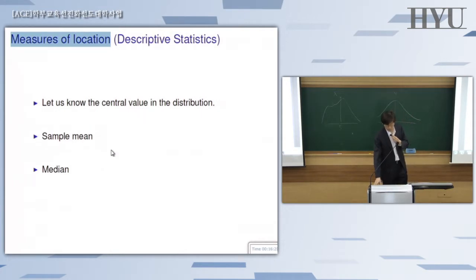Two simple measures of that location: where is the middle value of the sampling distribution or population distribution of these variables? The first one, by far the most important, is the sample mean, and the second one, related but not quite the same, is the median.